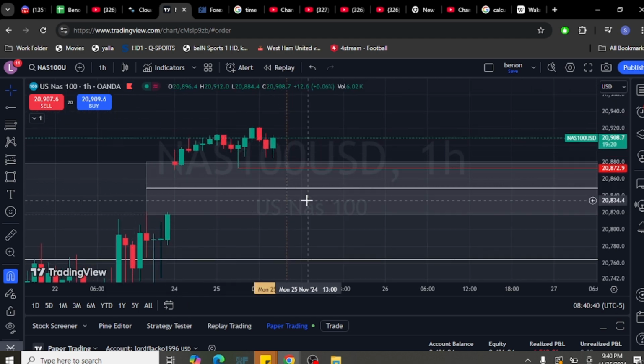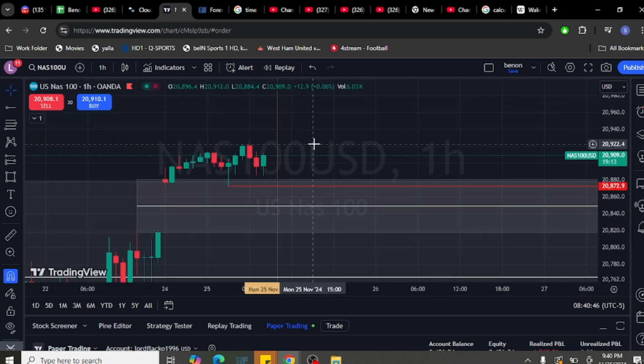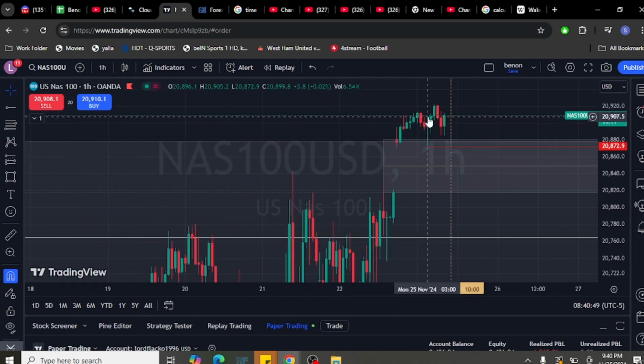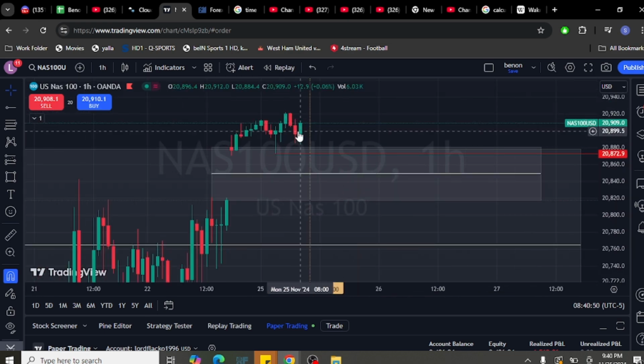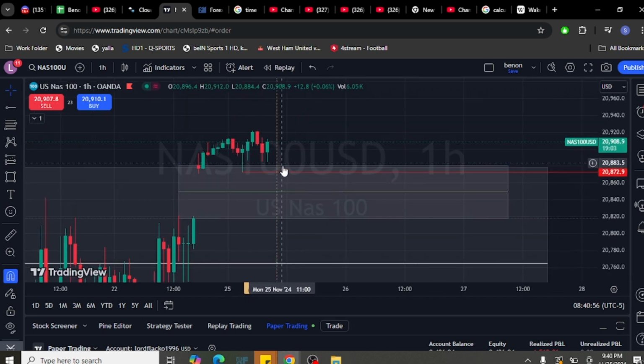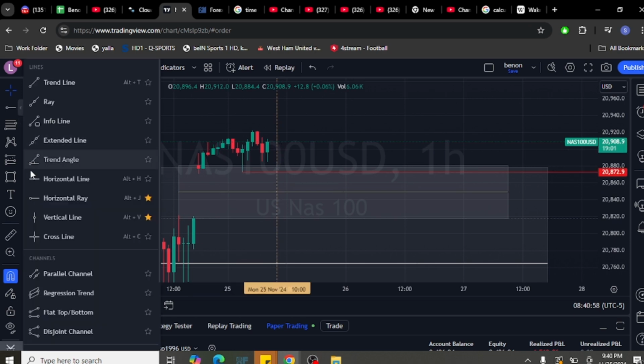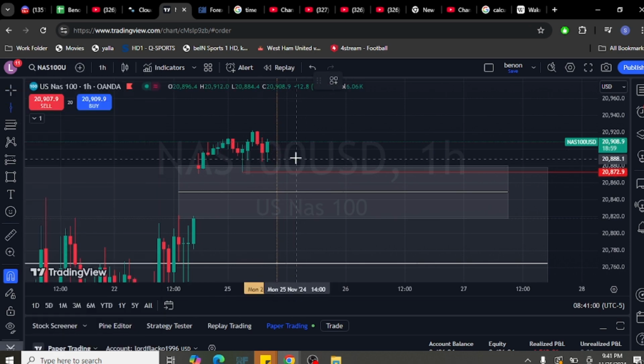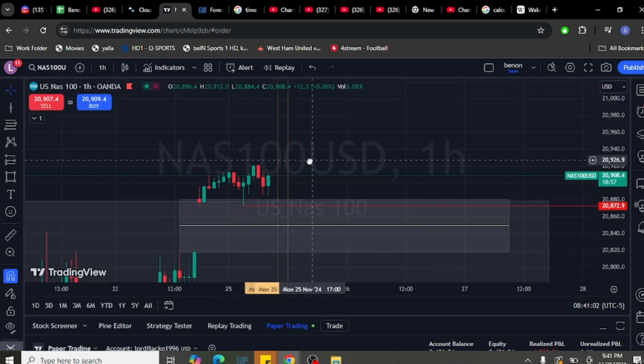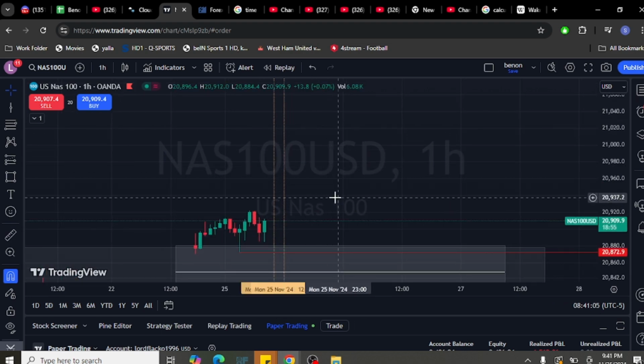Testing this gap would mean I'm probably going to look for these longs. But without going further ahead, I think this early morning can be used to run the sell sides, and then probably 10 to 12 we can use that to run the buy sides.